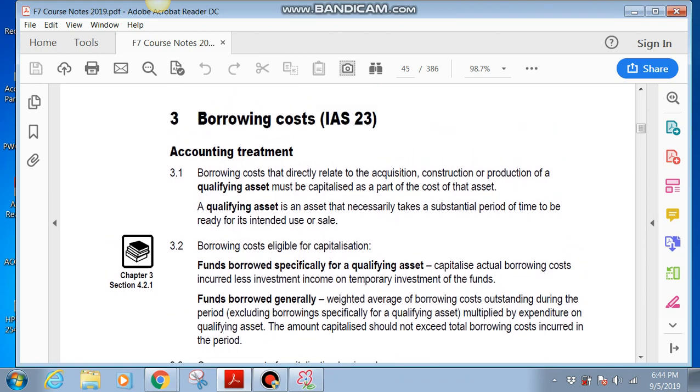We move to another standard, IAS 23, borrowing costs. We touched on borrowing costs briefly when we looked at IAS 16.